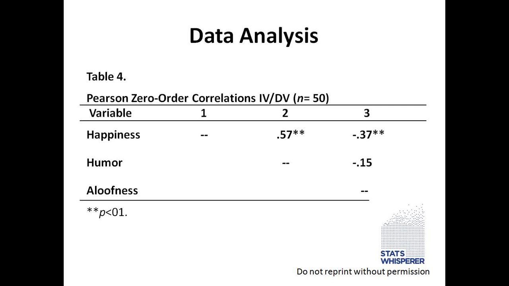So happiness is 1, humor is 2, aloofness is 3, and then you're seeing the intersection of each. Where it says 2, that's the intersection of happiness and humor. And where it says 3, that's the intersection of happiness and aloofness. And the numbers at the top help out when it's maybe 5, 6, 7 variables in the correlation because it gets a little crowded.